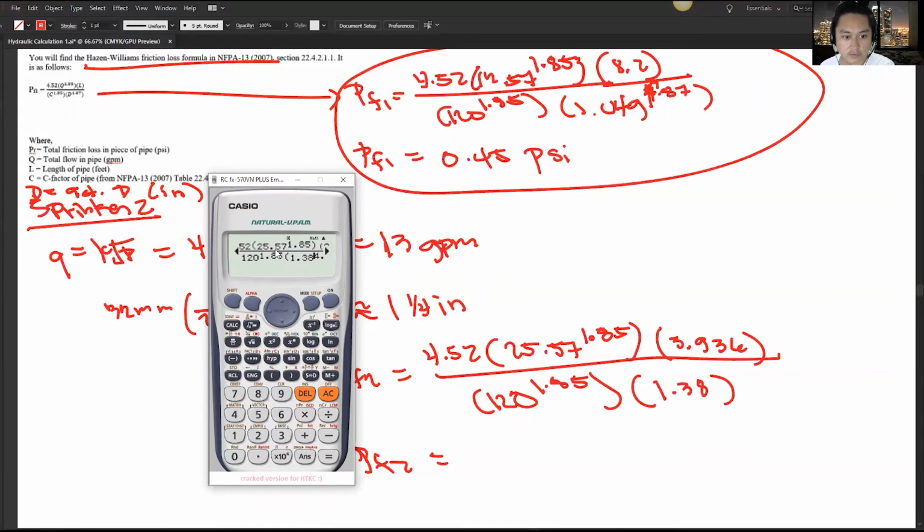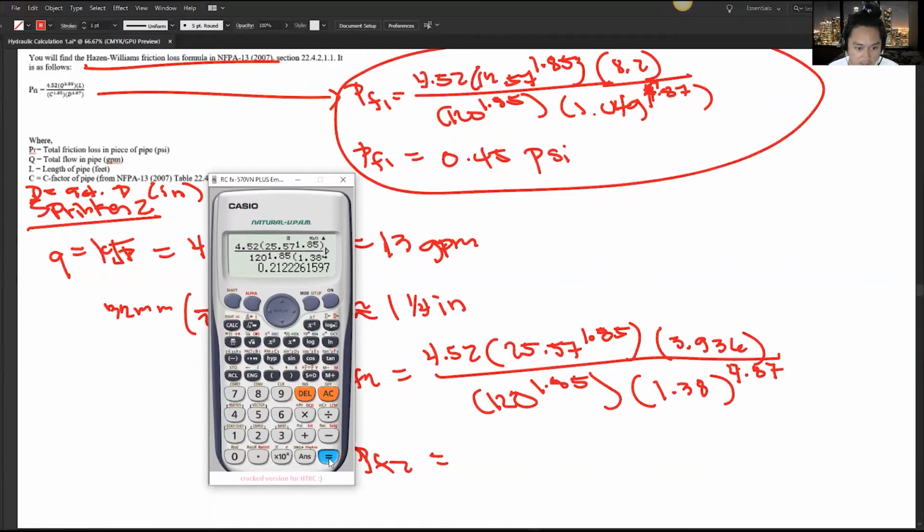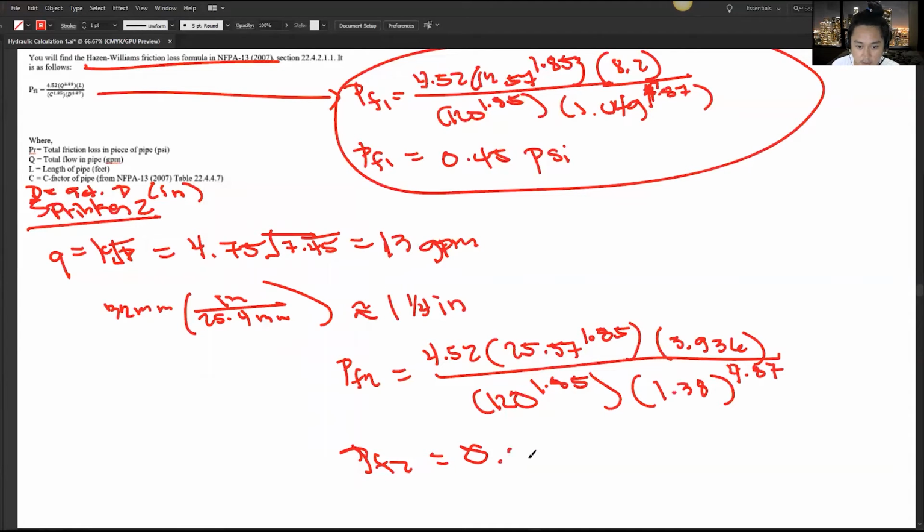4.52 times 25.57 raised to the power of 1.85 times 3.936 all over 120 raised to the power of 1.85 times 1.38 raised to the power of 4.87. Almost forgot that. Thank you, calculator. And we've got 0.21 psi.